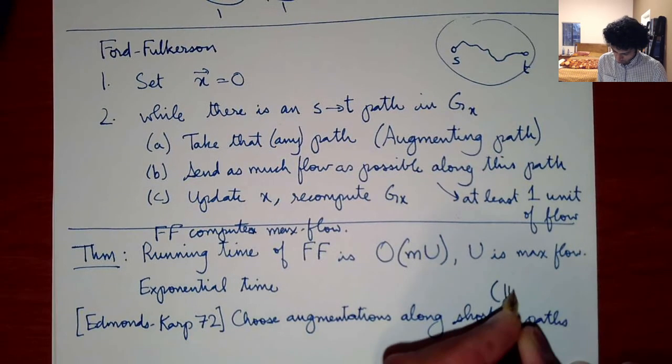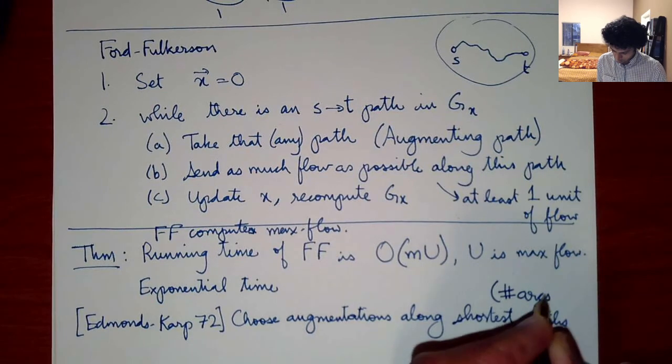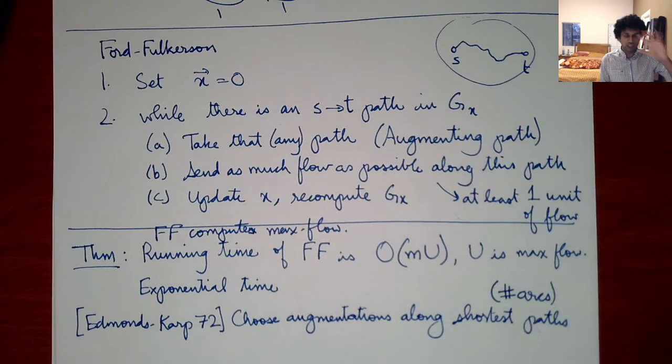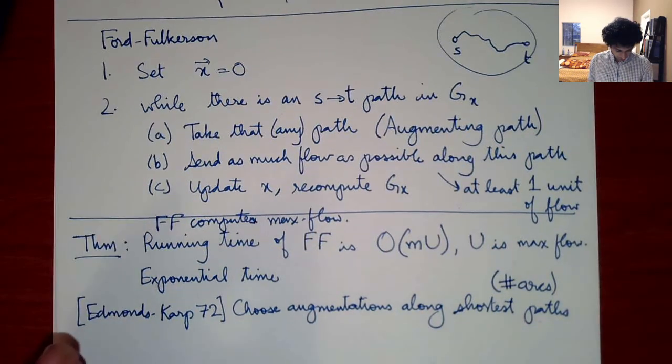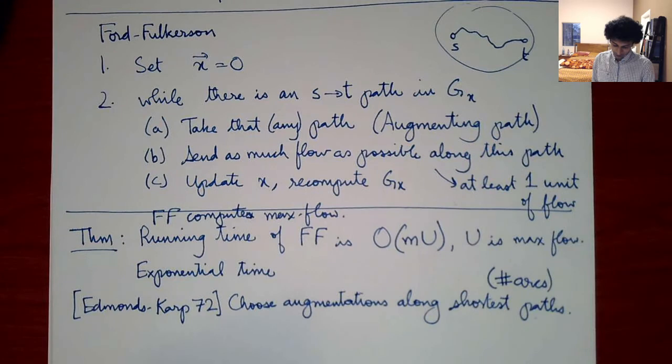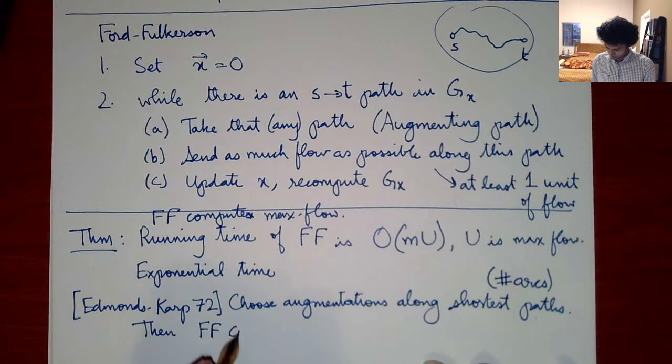And shortest is just the number of arcs, just vanilla shortest paths. We're not looking at the capacities. It says look at the shortest path according to the graph structure. Choose augmentations along the shortest path, then the Ford-Fulkerson algorithm converges in polynomial time.